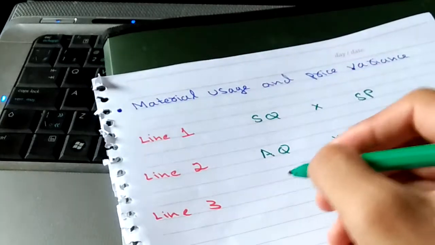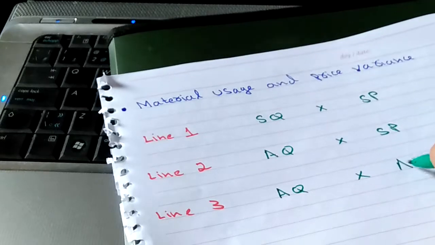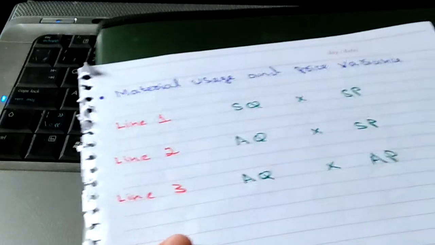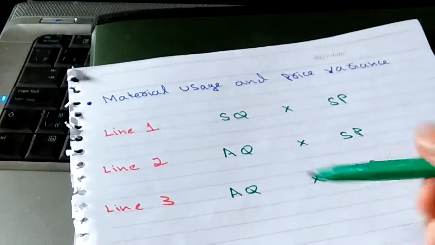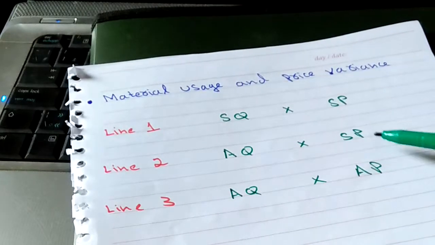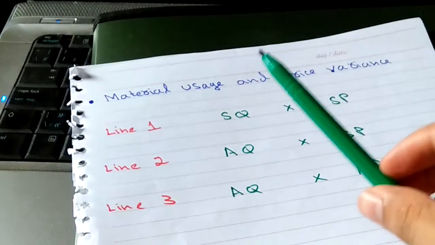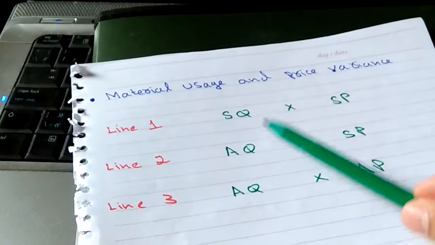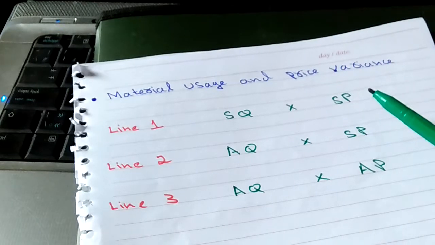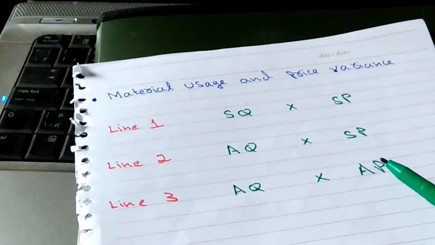In line 3 we have actual quantity into actual price. In lines 2 and 3 the quantity is the same and the price is changing. So lines 1 and 2 will give us the material usage variance, and lines 2 and 3 will give us the price variance, right?